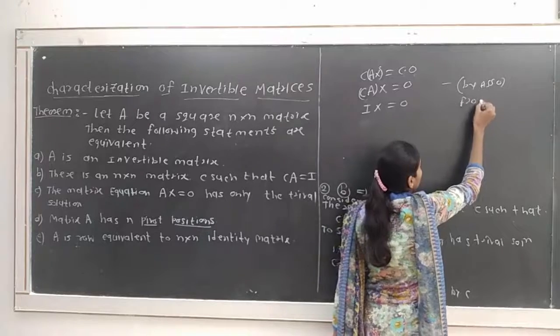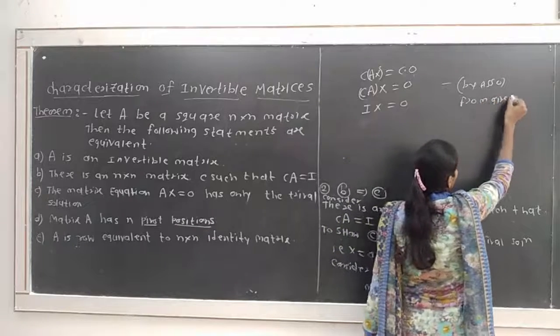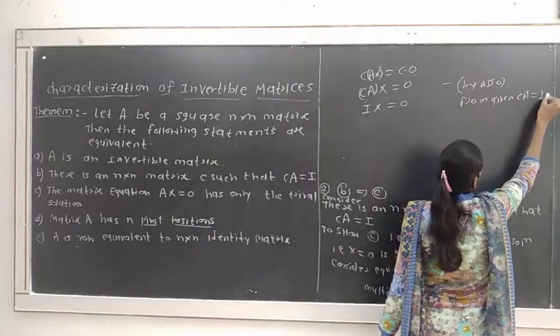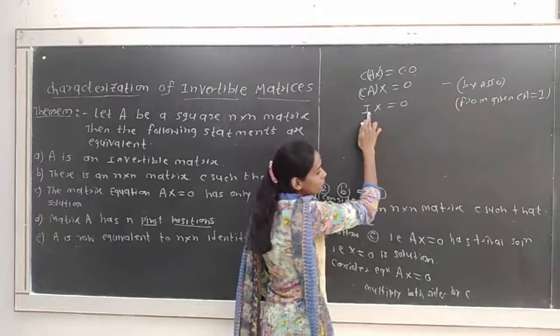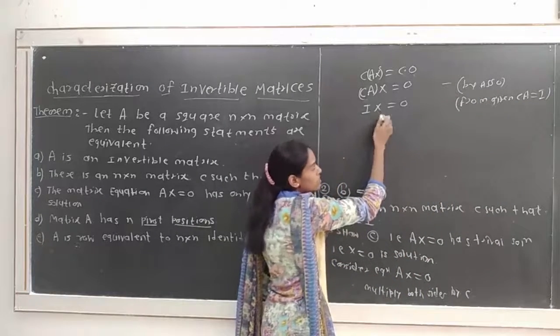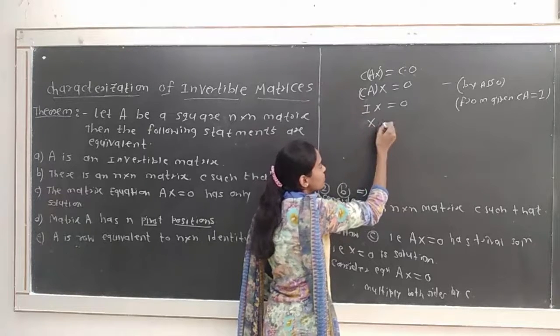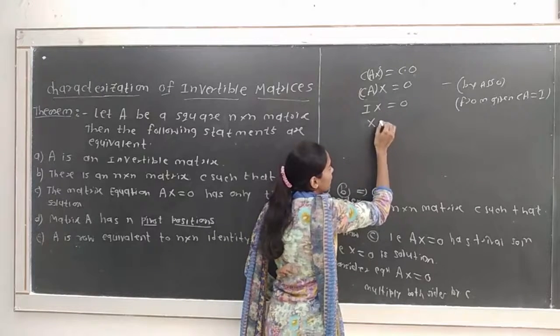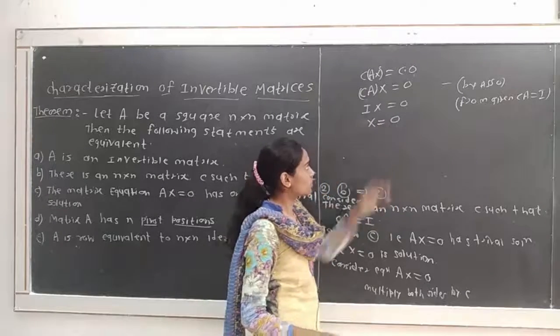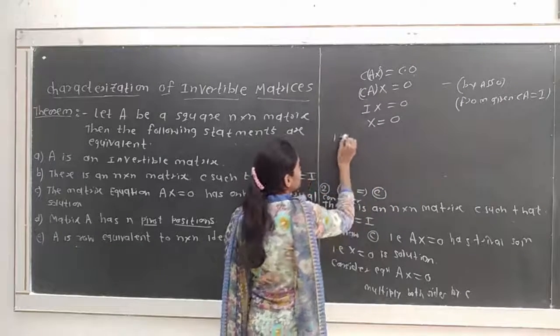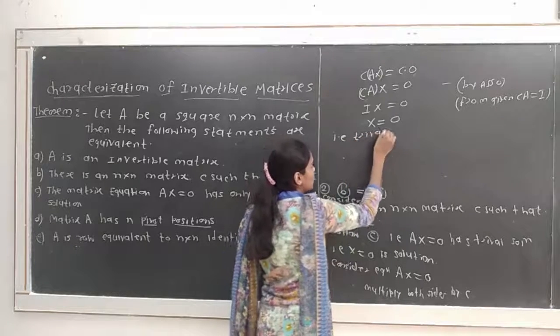The identity matrix into any matrix gives the matrix itself, so Ix is x, and we get x is equal to 0, that is the trivial solution.